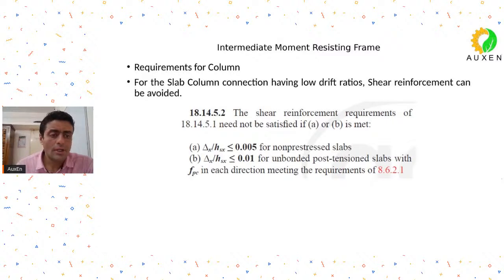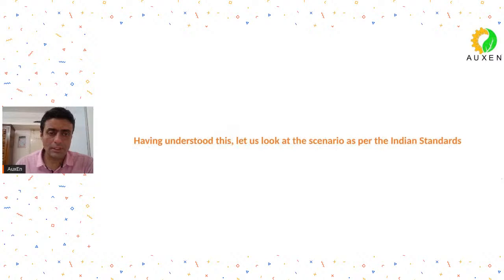So this is how the code is treating the intermediate moment resisting frame. If I quickly summarize, it is emphasizing the column strip because that is where the lateral load transfer to the columns will take place. So there are specific reinforcement requirements for the column strip. There is a simple reinforcement detailing and design requirement for the middle strip, and then there is a lot of emphasis on the slab column junction.